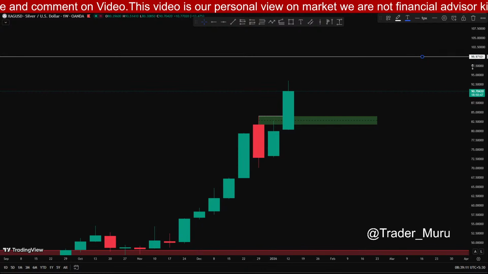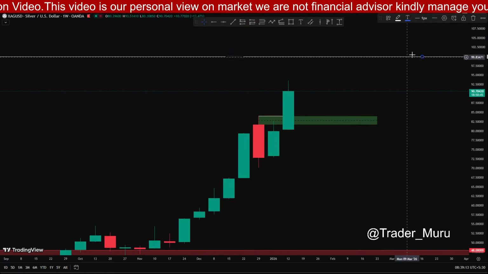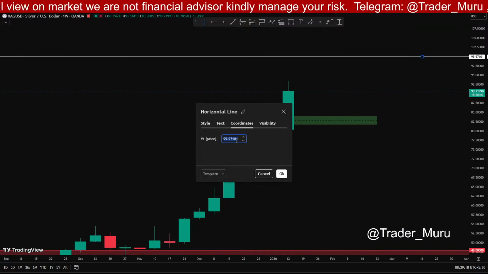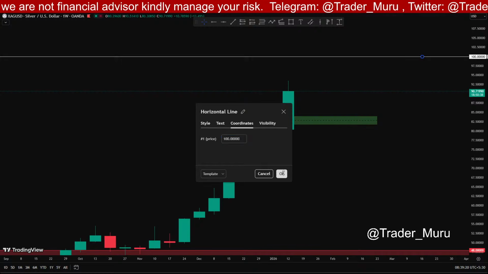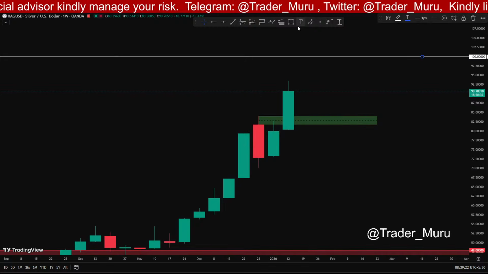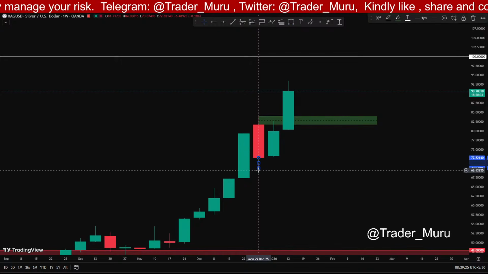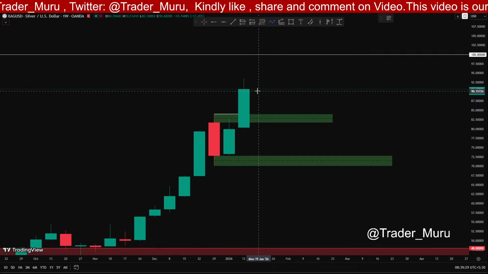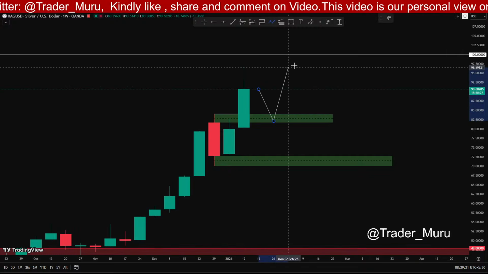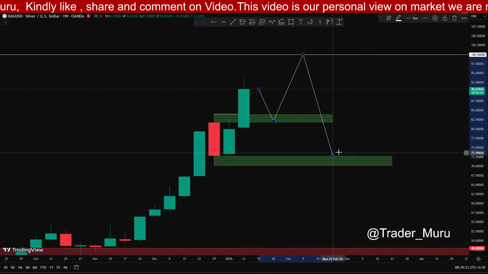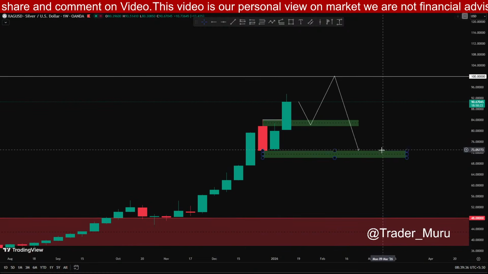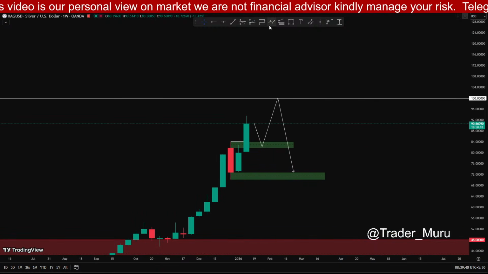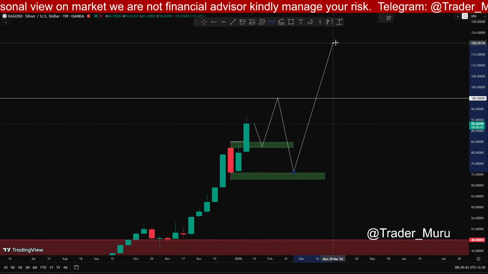So this will be a very big psychological level for people, in which we will see at least a drop towards the area here around 72 to 70. I will expect silver to drop near this area. After this area test, we will see another pump towards 160.